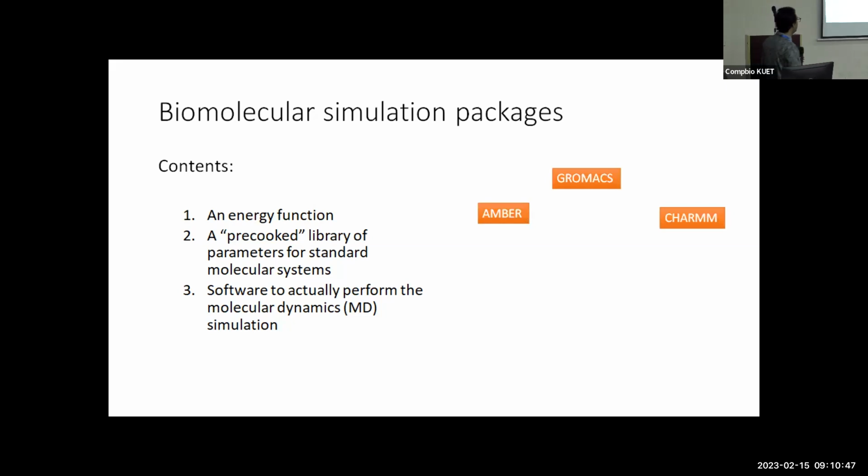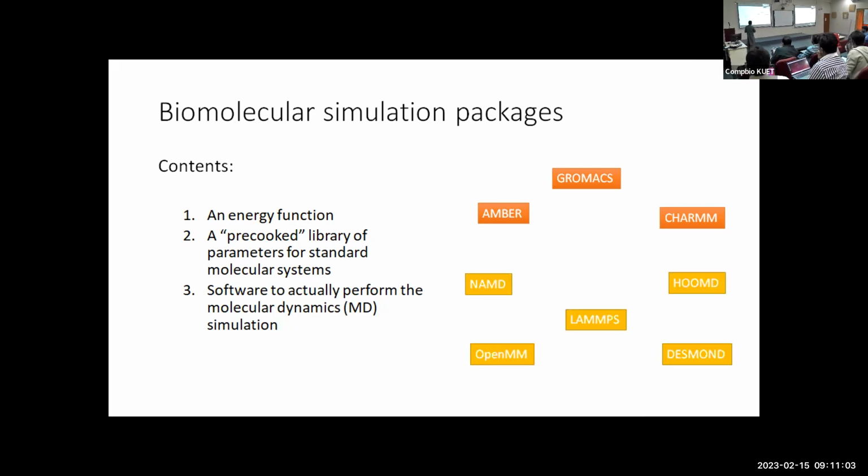Some of the popular MD engines are Amber, Gromacs, and CHARMM, and if it is not confusing enough, they have their own force fields. So some force fields are also named CHARMM, Gromacs, and Amber, and so on. Okay, so it's a little confusing. These three have their own MD engine as well as force field.